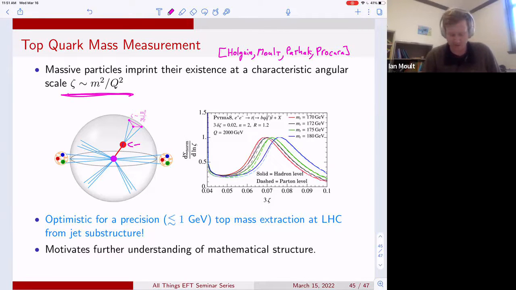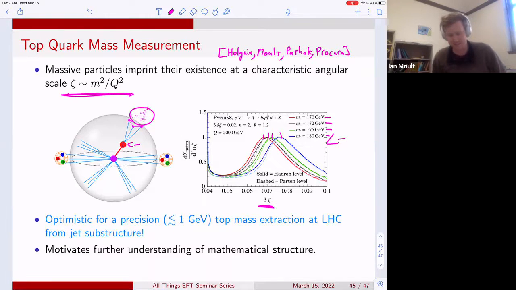This is a plot of the three-point correlator as a function of this shape. Again, it's looking at the scaling behavior. But now instead of a power law, you see a very clear bump, which depends on the particular mass of the top quark. You're able to read off some characteristic scale associated with essentially the kinematical features of this decay.